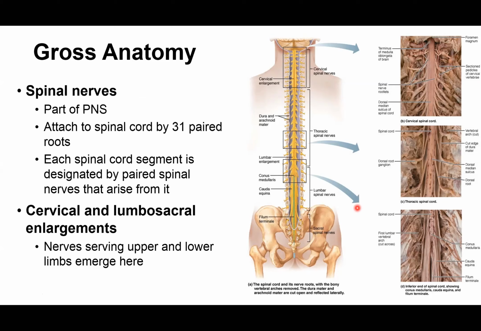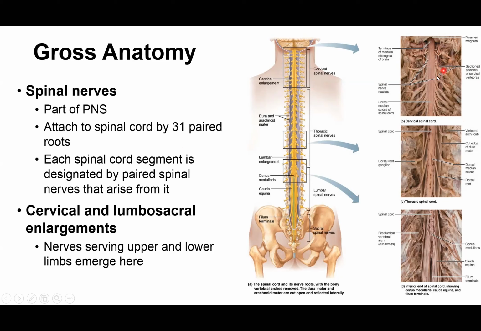So in terms of spinal nerves, as we were just discussing, spinal nerves are part of the peripheral nervous system. And these are attached to the spinal cord by 31 paired roots. So if you come over to this picture, this is an anatomy dissection of the spinal cord.